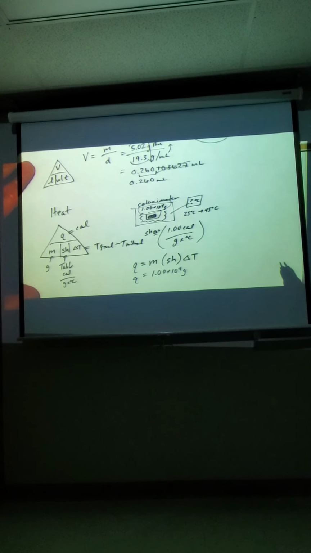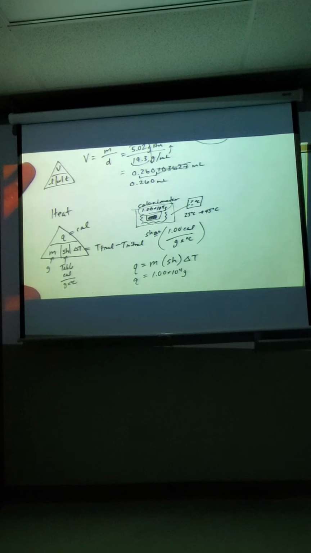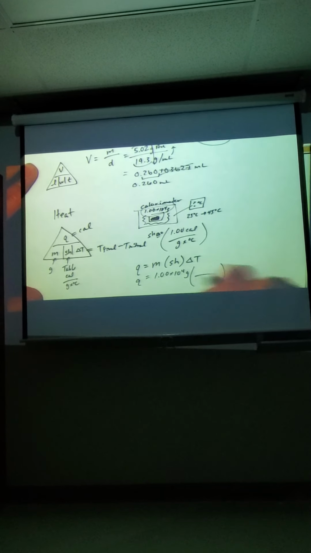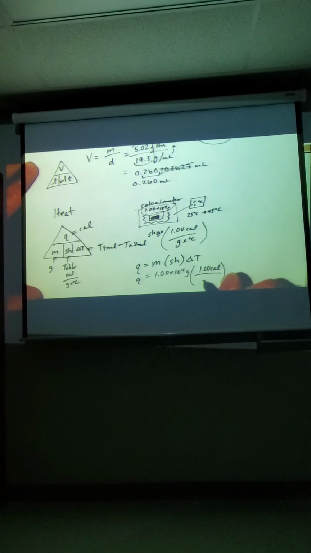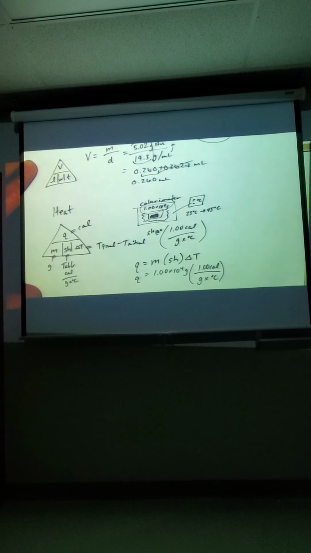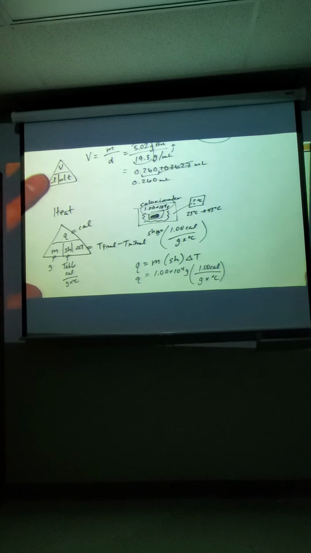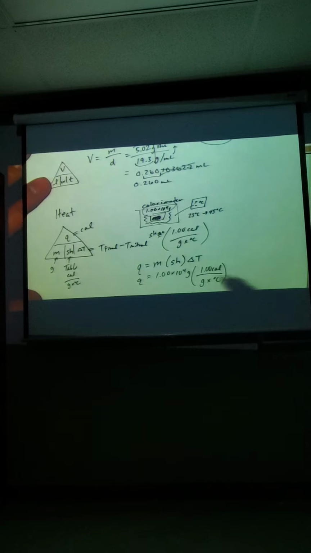That's 10,000 grams, so that would be 10,000 milliliters, so that would be 10 liters of water, so quite a bit. The specific heat is our practice for conversion, so that's 1.00 calories of energy is required to raise 1 gram, 1 degree Celsius. Water has one of the highest specific heats on the planet. It heats up very slowly, cools very slowly, which is important for our climate on Earth.